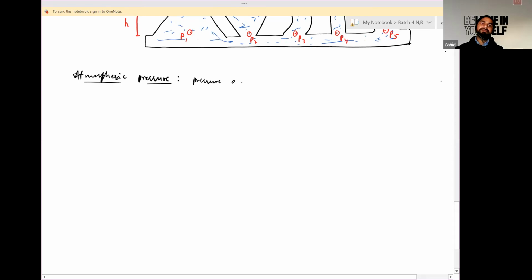Pressure exerted by air on all bodies. So we have to calculate the numerical value of atmospheric pressure at ground level.